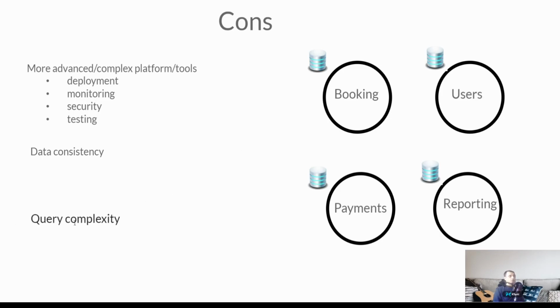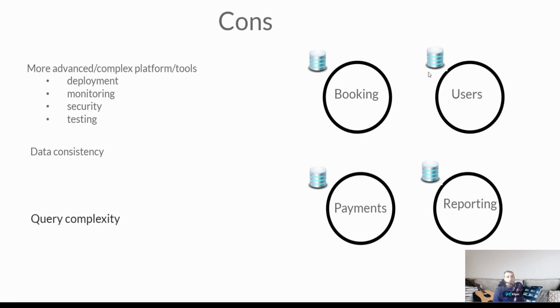And I also wrote query complexity here because let's say look at reporting service, right? It needs to gather data from all these services to report, right? In case of Monolith, the data was in the same database. So reporting service will just go to one database and get it. Now it needs to reach different services.